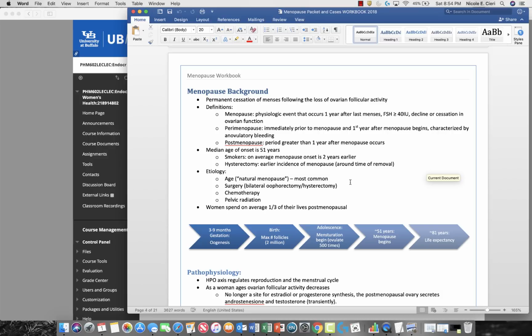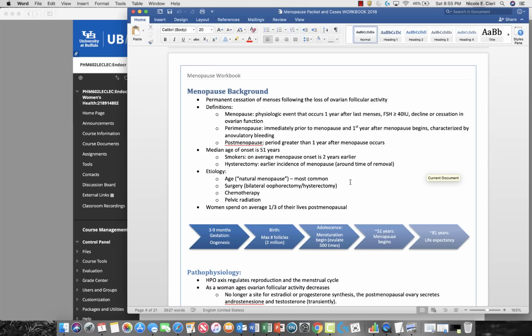As a woman ages, ovarian function begins to decline. The number of eggs begins to decline, and thus the amount of estrogen that is produced will begin to decline. As compensation for that, because of that feedback loop, the body starts to upregulate production of FSH to try to stimulate more eggs to be released to produce more estrogen.